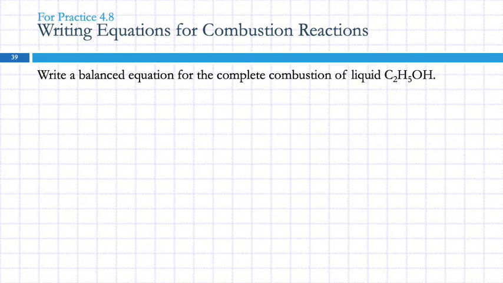So we should be able to do something like this, write a balanced equation for the complete combustion of liquid C2H5OH. So they're giving us a reactant, C2H5OH, and they're telling us it's a liquid, and they're saying it's combusting, it's burning.